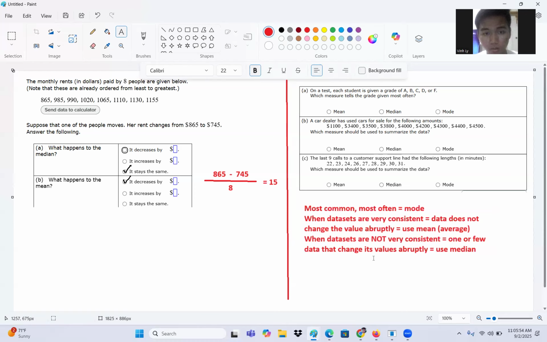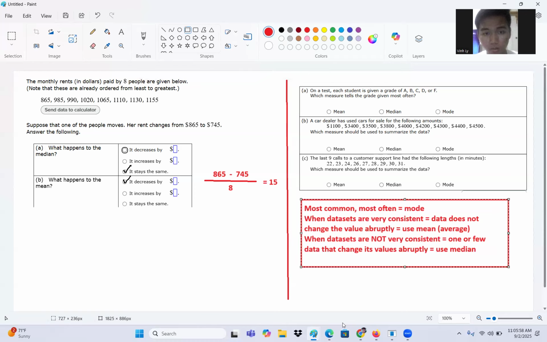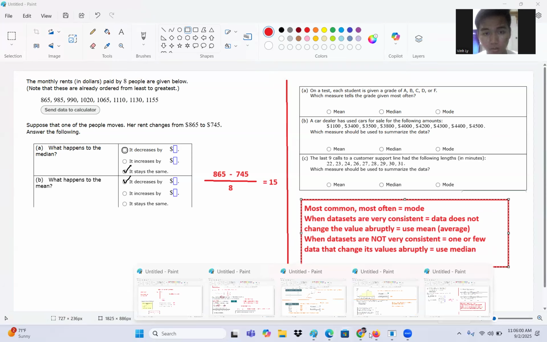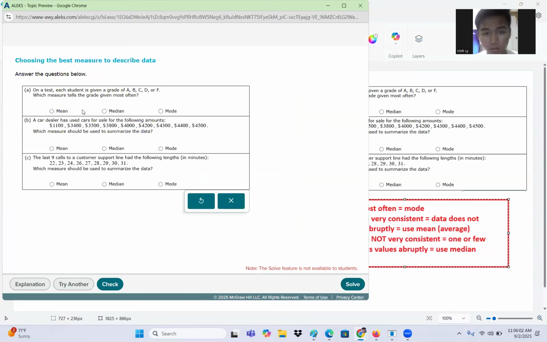All right, I feel like that's pretty much what we have to worry about. Most often, it's going to be the mode. This one is changing from 1100 hours to 3400, so we have to use the median. This one is a very consistent change, so you use the mean. It's very straightforward.